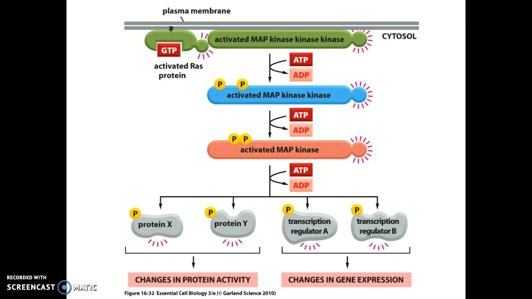And as its name implies, it is a kinase that phosphorylates MAP kinase kinase. And as its name implies, MAP kinase phosphorylates MAP. So many of the downstream things that are going to go on is we're going to activate enzymes.